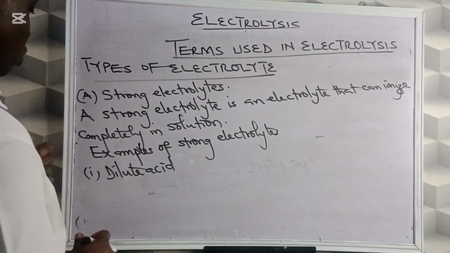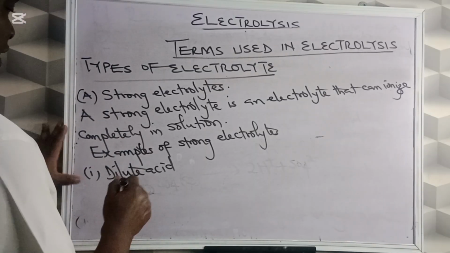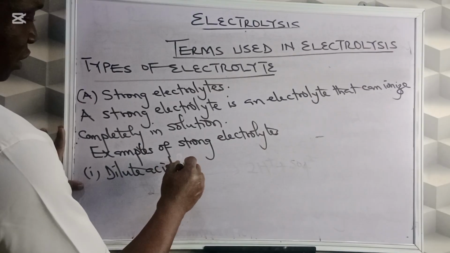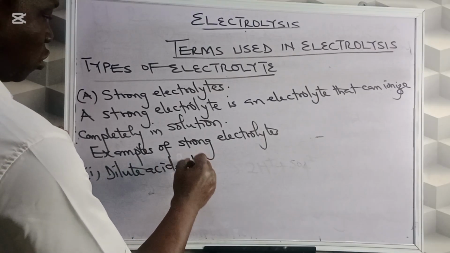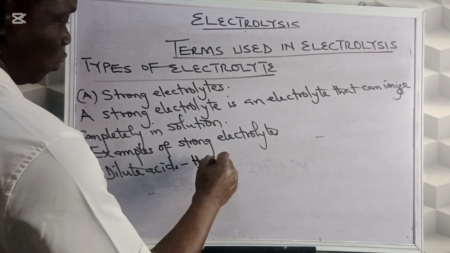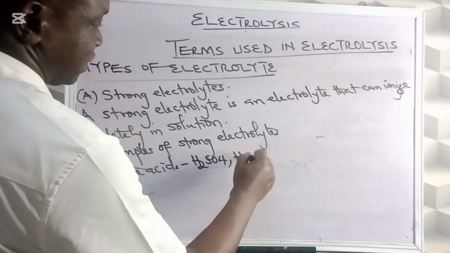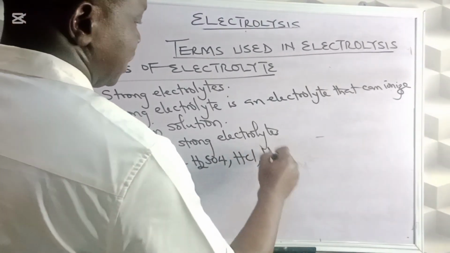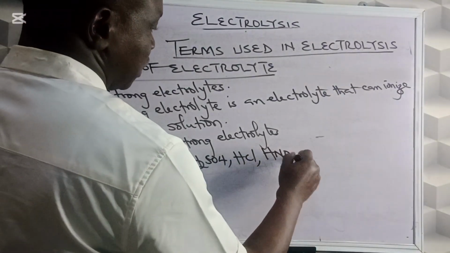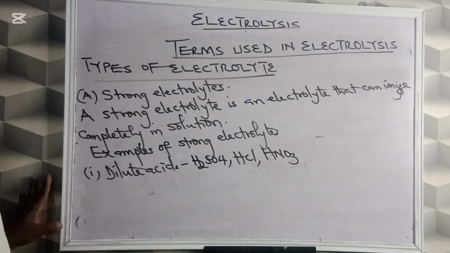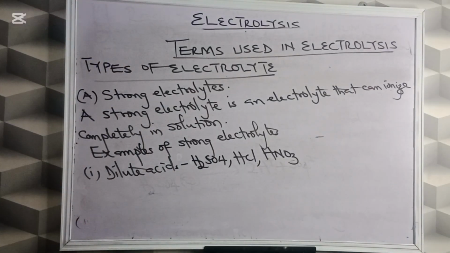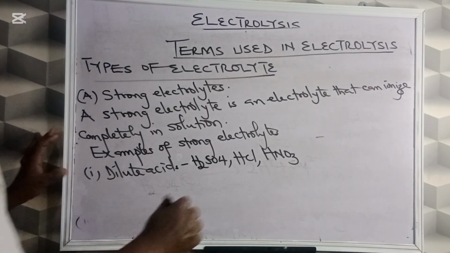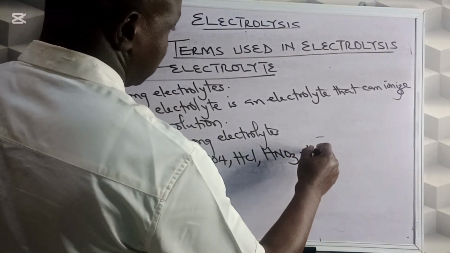So let's say dilute mineral acids, for example dilute H2SO4, HCl, HNO3, HBr, HF, etc. All these are strong.